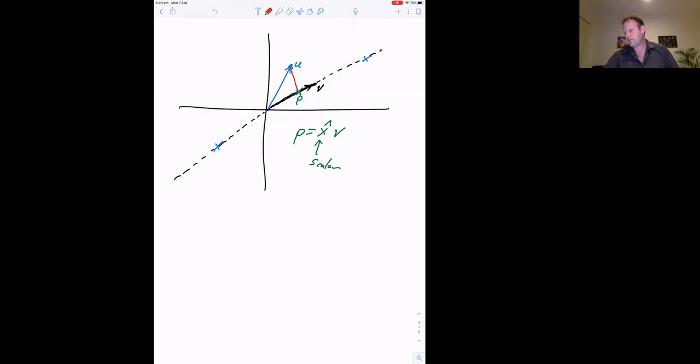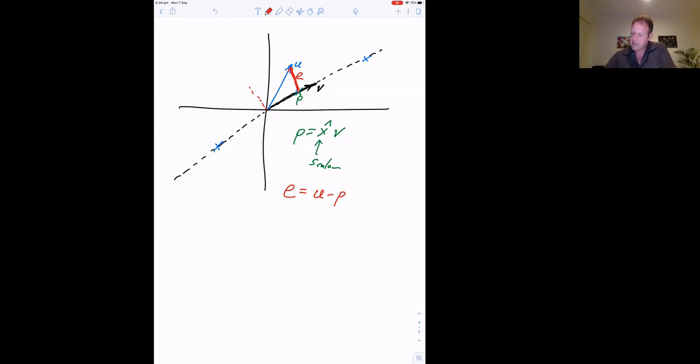Otherwise it's not, but still we have some error here. And this error is going to be u minus p, a vector u minus a vector p. Now I draw the arrow like this. Of course, if you draw u minus p, you get something here. But now consider it as drawn.